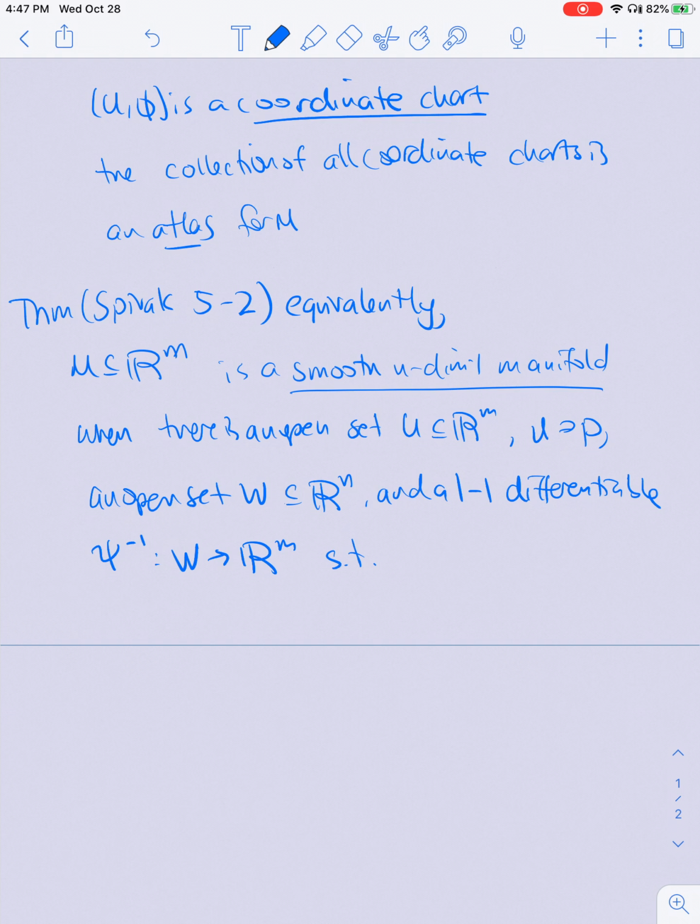It's not onto, so it's not a bijection, just one-to-one, such that the following 3 conditions hold.